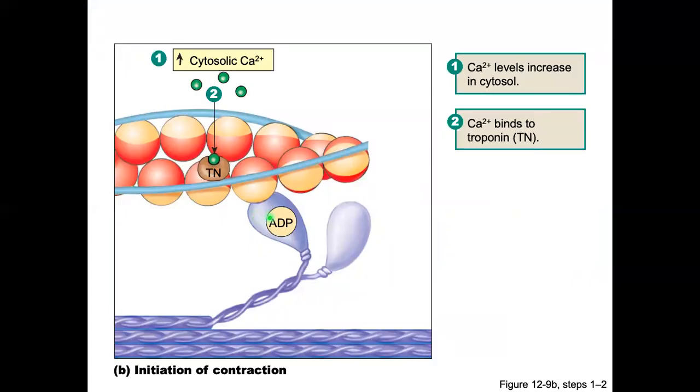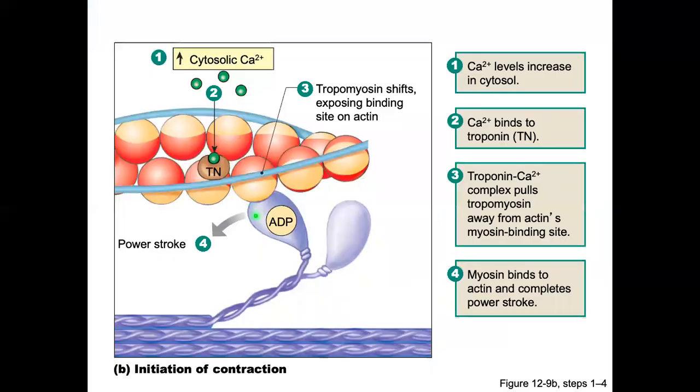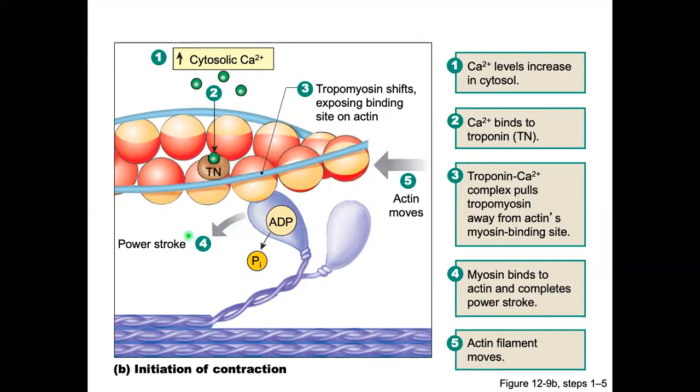Once myosin is bound to actin, then it can start contracting, okay? And we call that a power stroke. So when it contracts, we call it a power stroke. And in order to initiate the power stroke, the phosphate has to leave, right? So make yourself a note for number 4, to get that power stroke or contraction, phosphate has to leave.